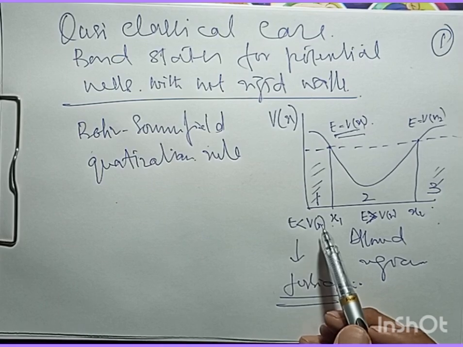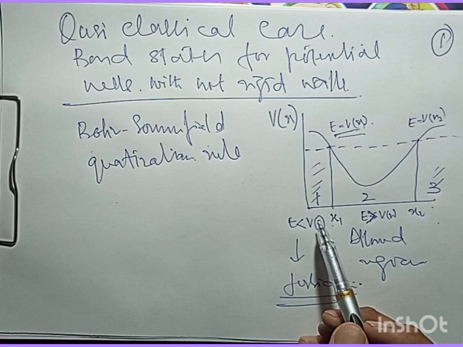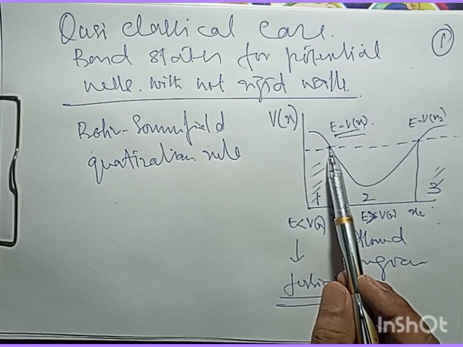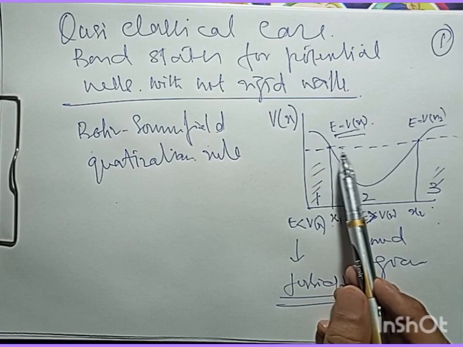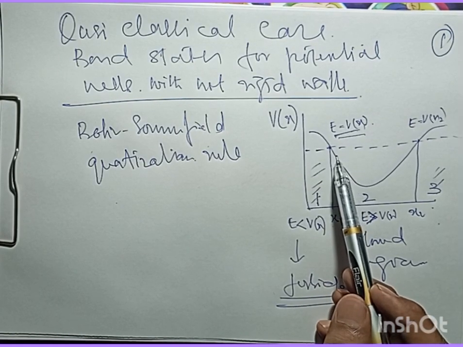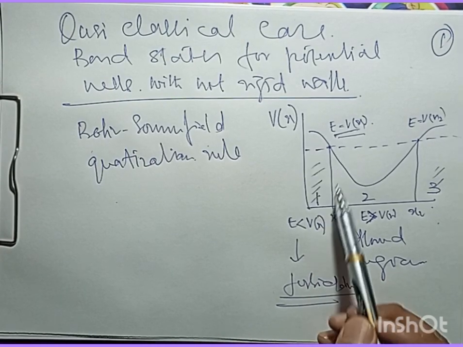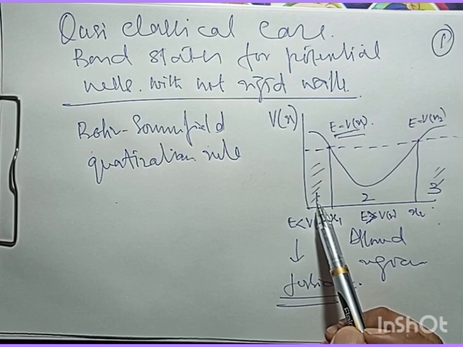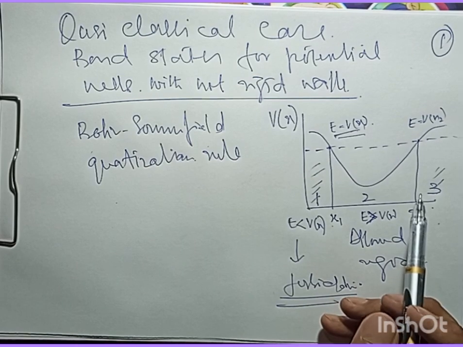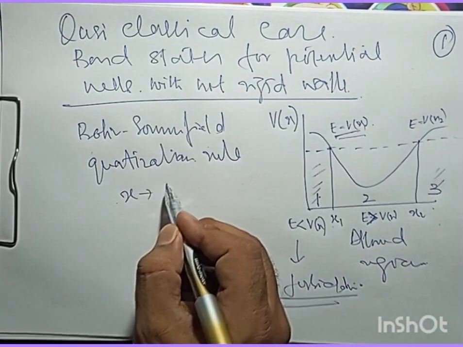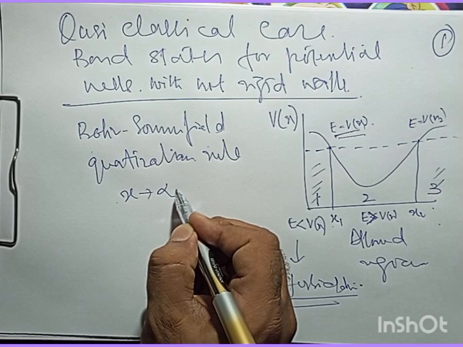Now what happens is that after these turning points, the wave functions must decay exponentially in region 1 and region 3, as x tends to infinity.